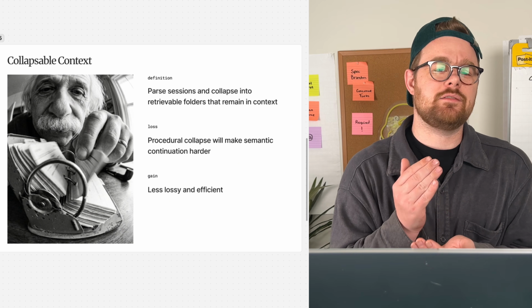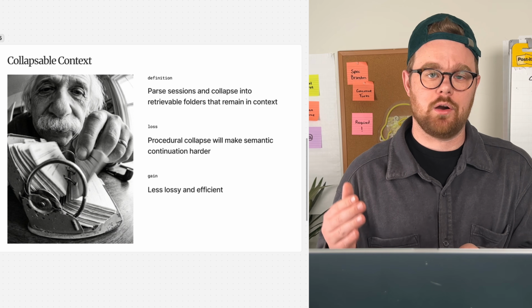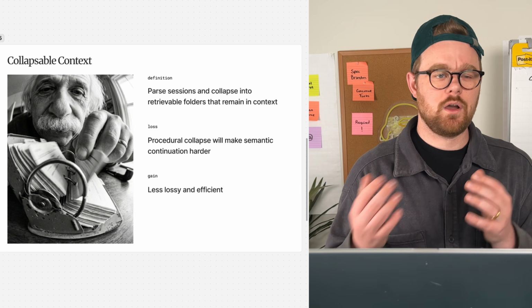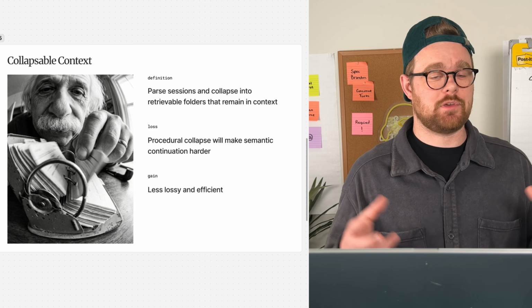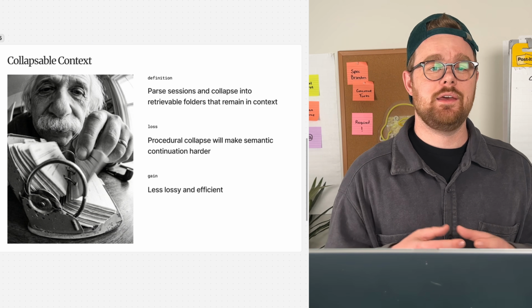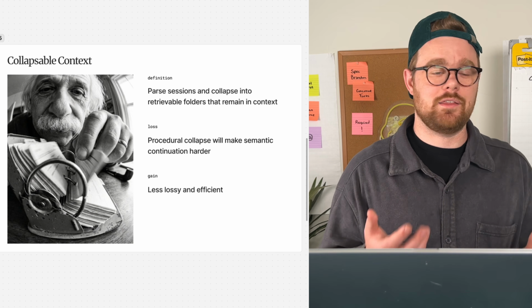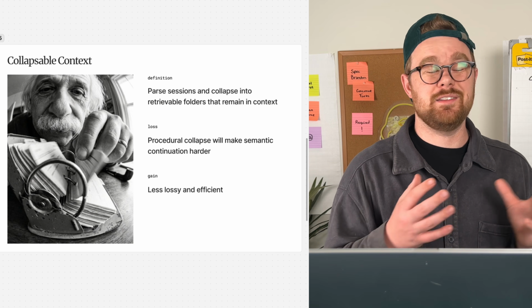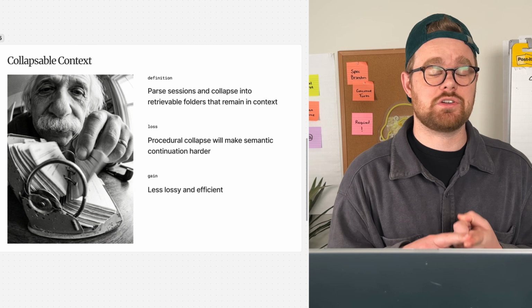The one note is that it's very specific to things that are easy to parse and collapse procedurally. Otherwise, you're essentially relying on an LLM to collapse context for you, which is honestly just going to take longer than a summary and could possibly be less efficient, since a lot of these LLMs will not consistently collapse contents the same way. But the positive is it's much less lossy.